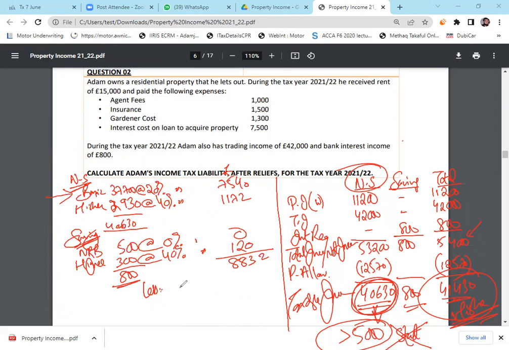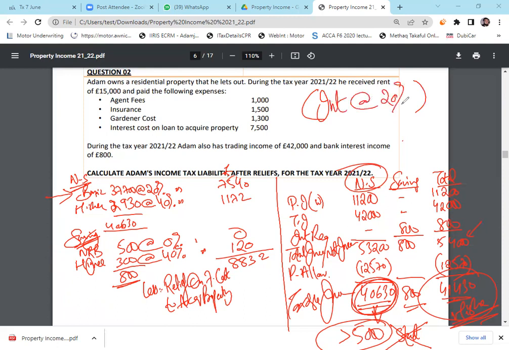This relief is a fixed amount, relief on finance cost to acquire property. The fixed amount is interest at the rate of 20%.